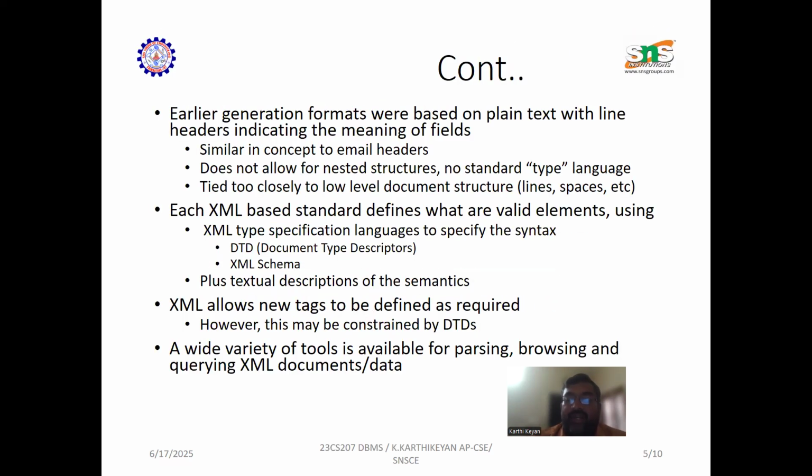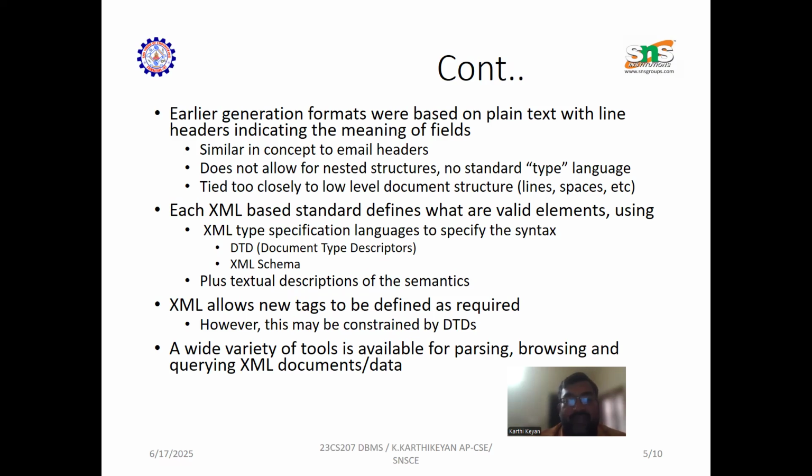Earlier generation formats were based on plain text with a header indicating main fields, similar to the concept of an email header. They did not allow nested structures and had no standard type language, and were tied closely to low level document structure such as lines and spaces.